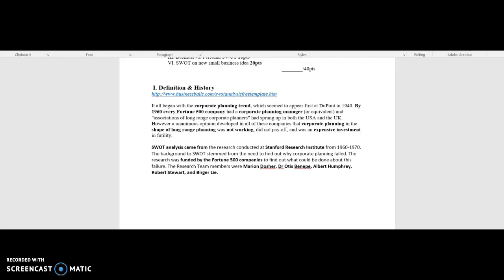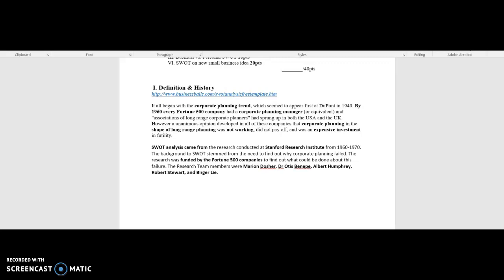Basically, the origins of SWOT analysis and the technique are credited to a gentleman named Albert Humphrey, who led a convention at the Stanford Research Institute in the 1960s. And the goal was to identify why corporate planning failed. As you guys know, a lot of money is put towards business decisions, and you don't want to waste that money.